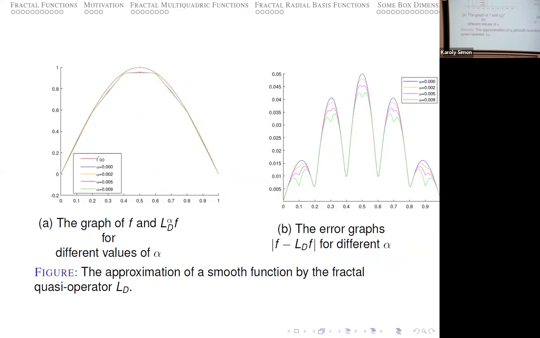Here alpha equal to 0.009 gives the better result, because when you compute the error and zoom in on the error part, one can observe this. In the fractal case, alpha equal to 0.009, the error is very small. In the classical case, alpha is 0, you can see the blue curve, the error is more.